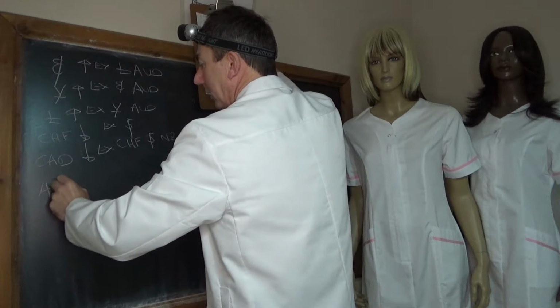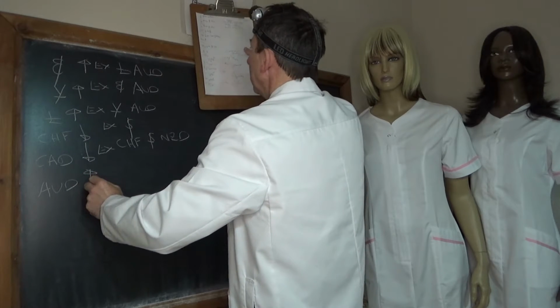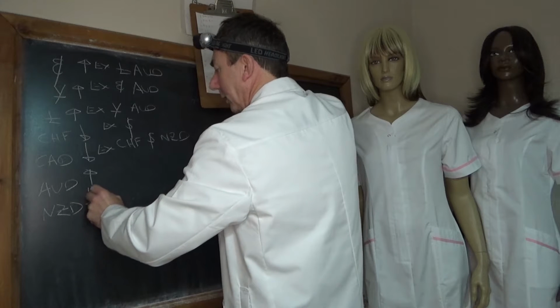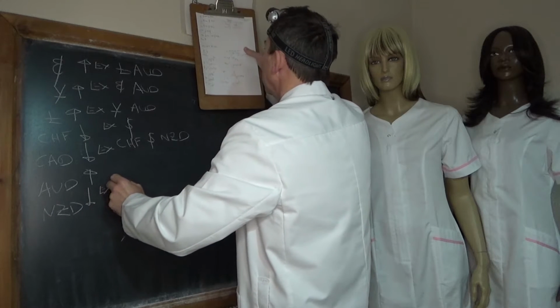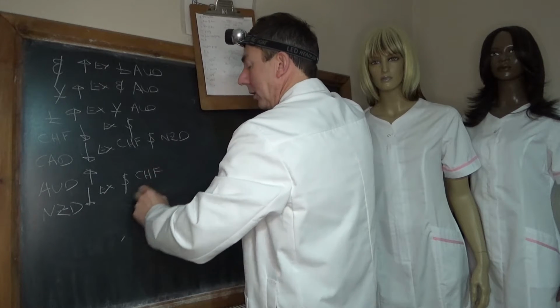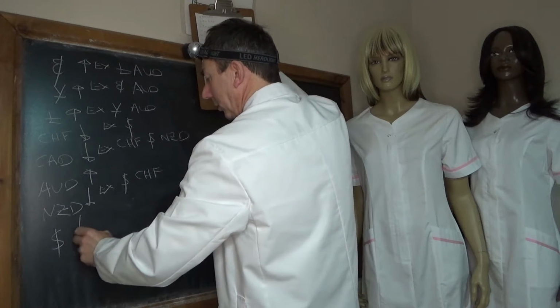The AUD itself is strong across the board. The NZD is weak except against the dollar and the Swiss, which are weaker, and the dollar is weak across the board.